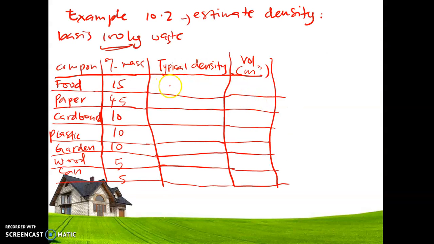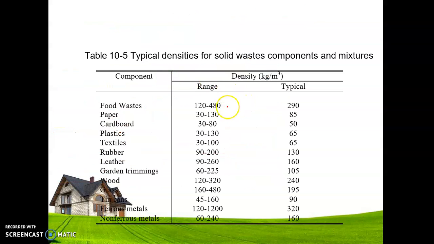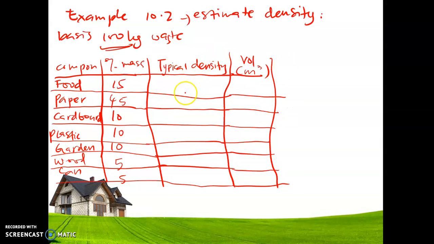For example, for food it's 290, so you fill that in here. Then you get the mass from earlier, the column where you calculated the dry mass.